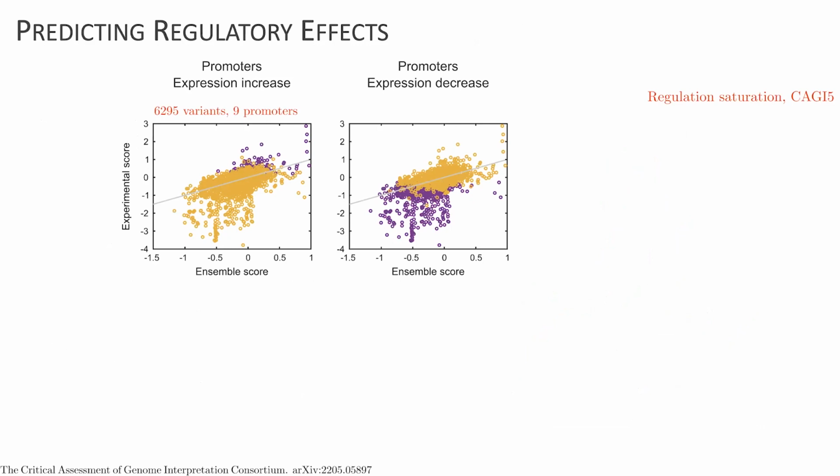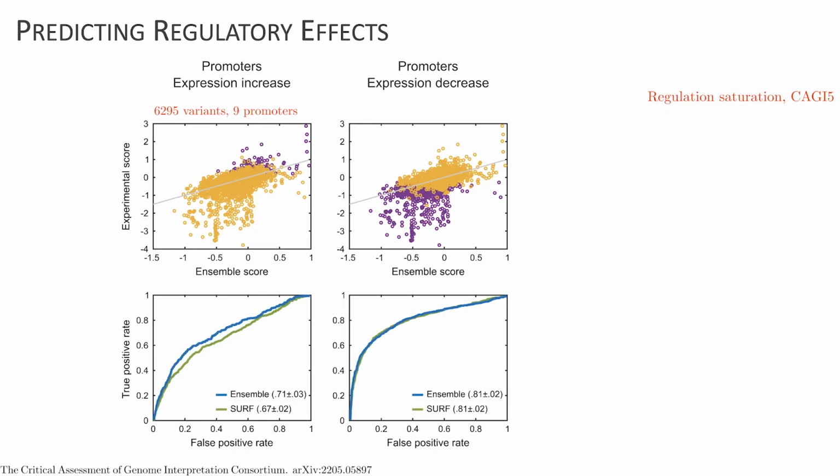Now, let me briefly discuss other types of challenges in CAGI. We had prediction of coding variants, which I just described, but also non-coding, so we had splicing and regulatory variants. This is just one experiment, called regulation saturation, from CAGI5, where a set of 9 promoters and, I believe, 4 different enhancers were used to understand the impact on expression levels.